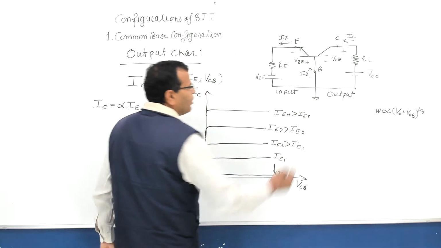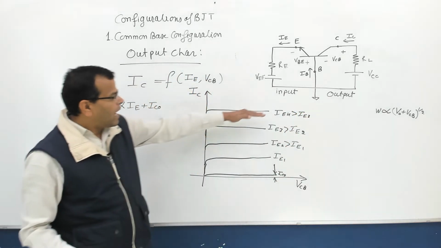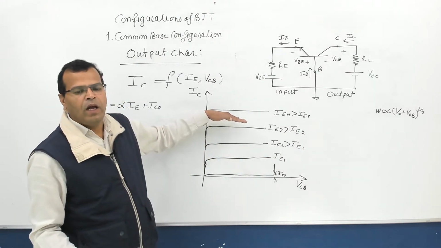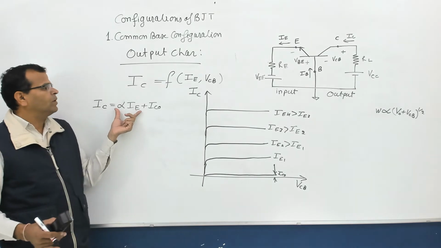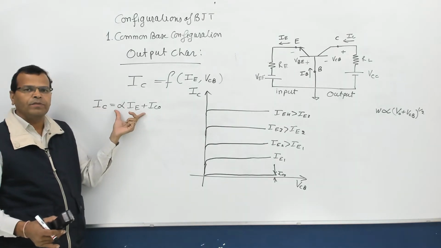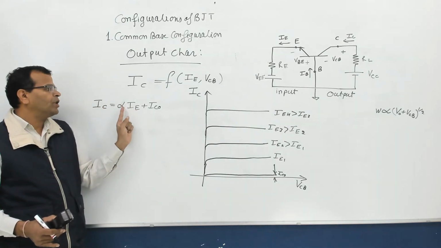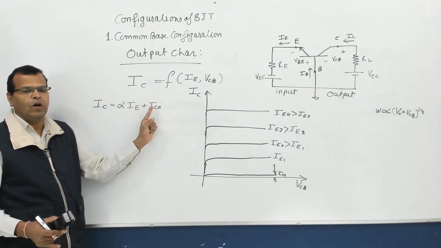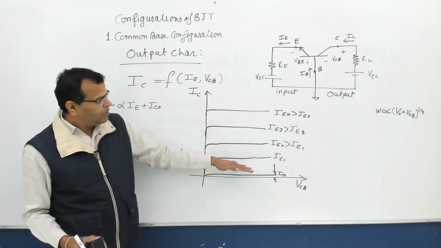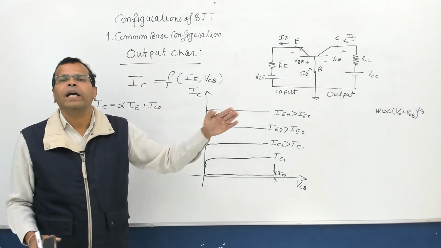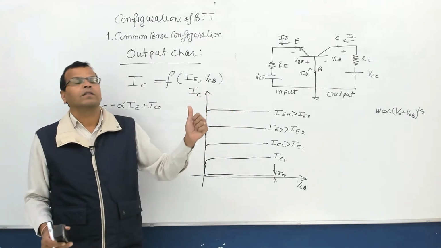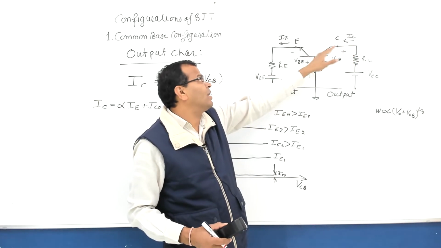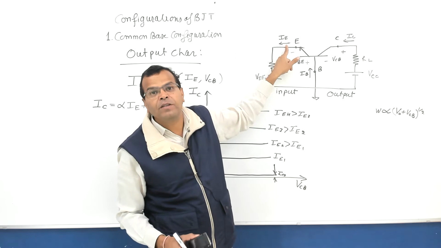So when you go on increasing the emitter current, the collector current is increasing, and that increase is because of this relationship. IC is proportional to IE, but with a certain offset value, that is IC naught. So current is increasing with increasing emitter current. Which current? Collector current, your output current. So I am controlling the output current with the input current.